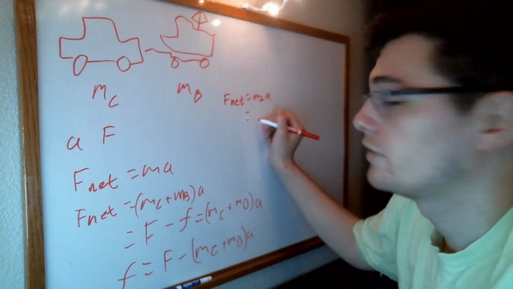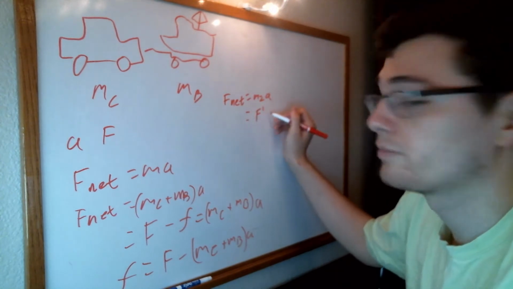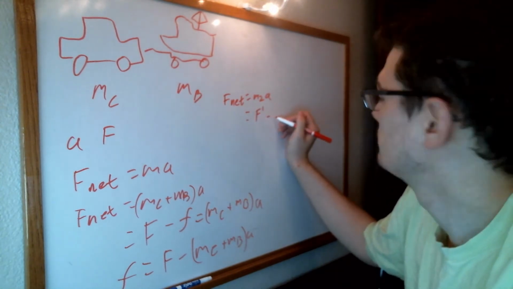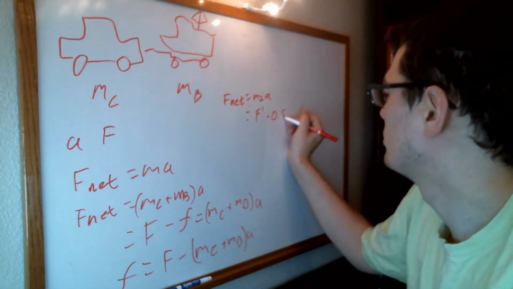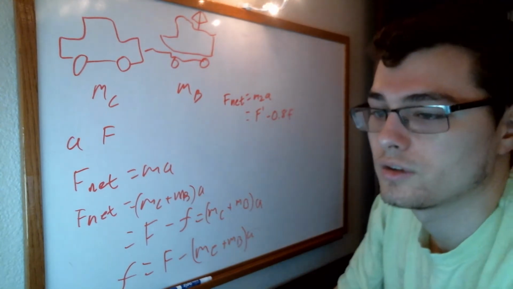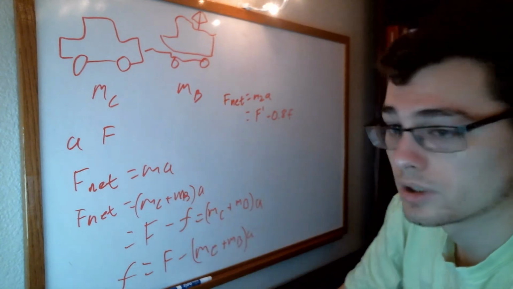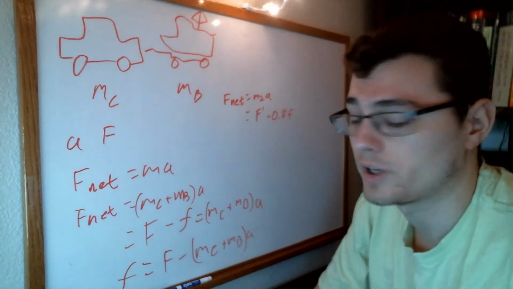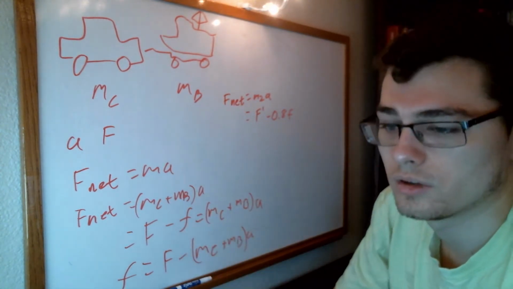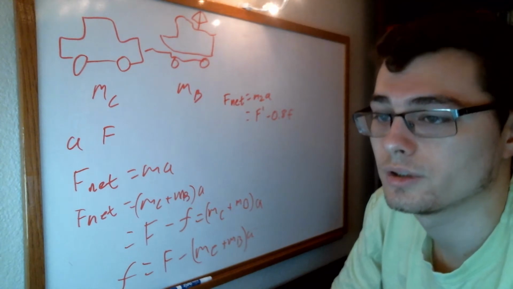And so then F net prime is going to be equal to F prime minus 0.8 F. So we just have to tack on a 0.8 here into our equation. And we're finding F prime, which is going to be our new force here.